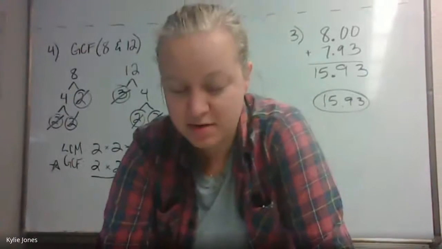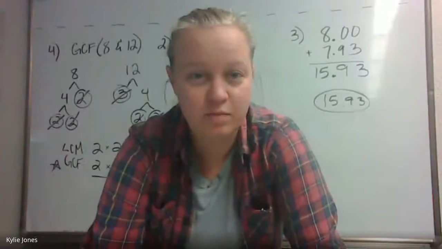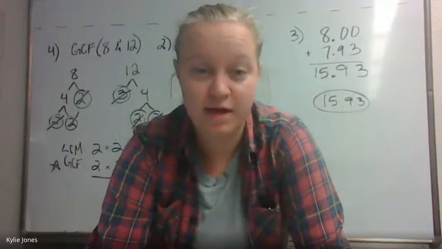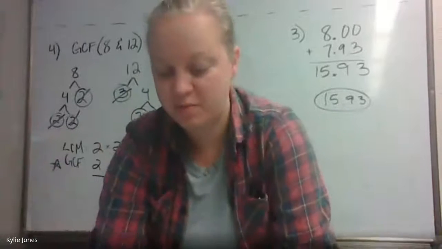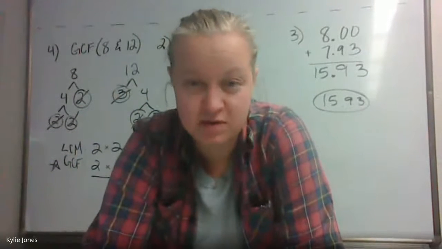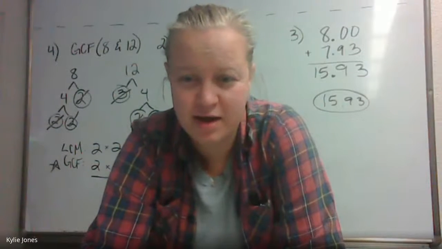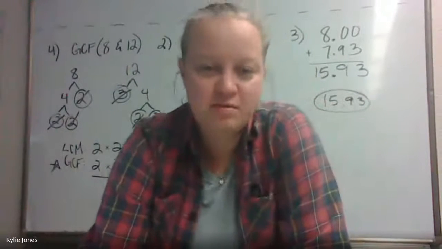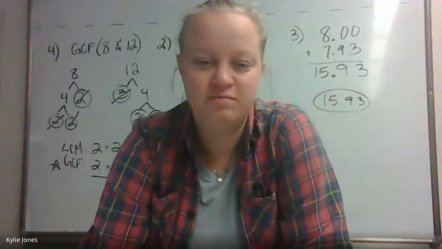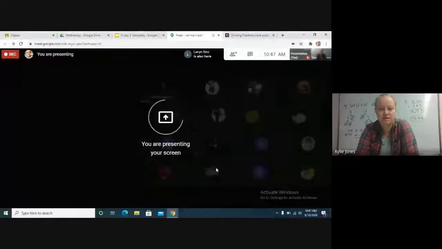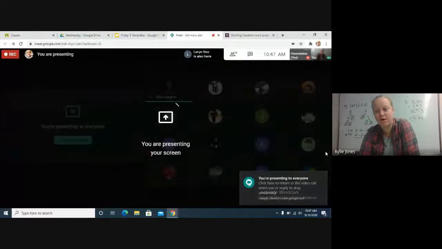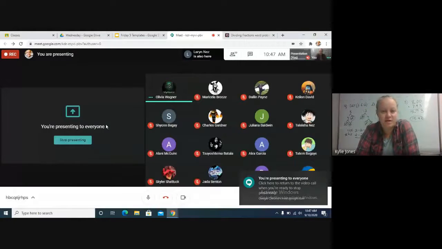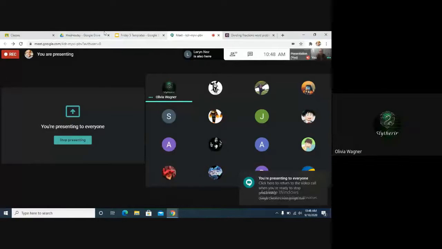Great. Now, for math today, we're going to do some whole class review. I'm going to present my screen, and we're going to look at, so there's 7 problems total, but I think we're only going to do 4 together just to talk about word problems, and then we'll do the quizzes.